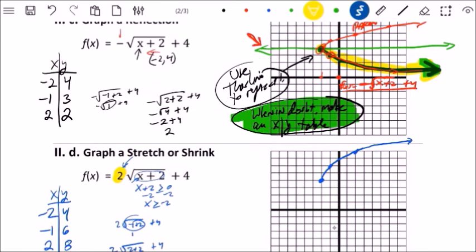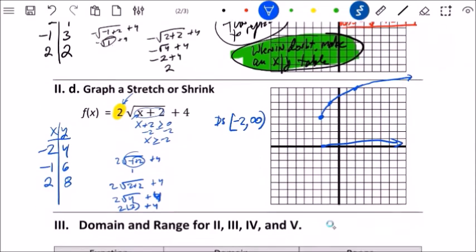Okay, now domain and range. Oh, and I didn't do that on the other one, so let's do it here first. The domain are all of these x's. So the domain are all the x's starting with -2 going up to infinity. And then the range, well, here is the starting point, and so on the y-axis, the range is there, starting at 4.